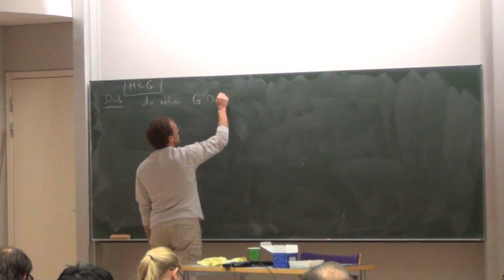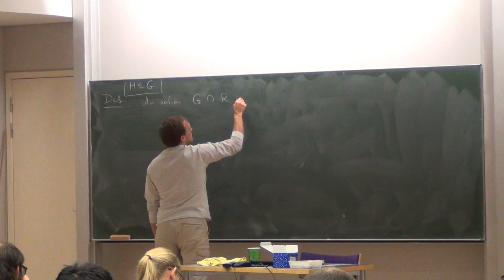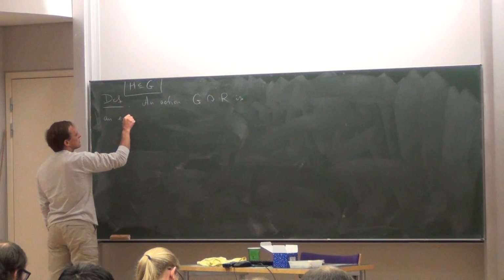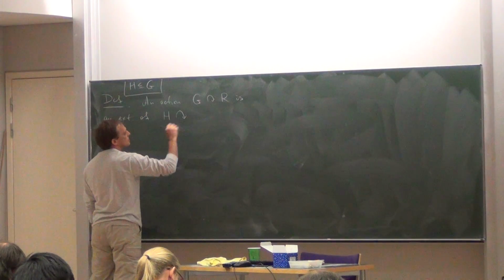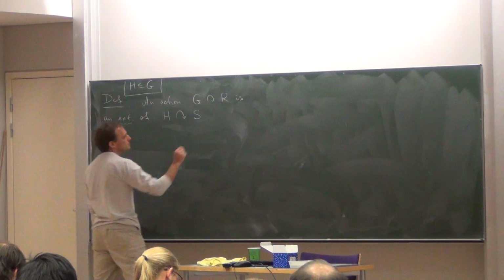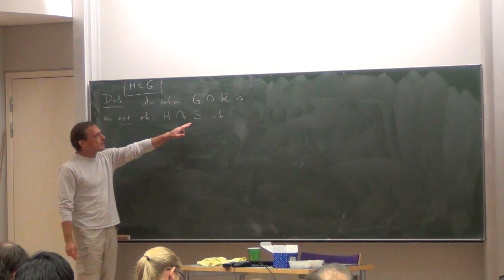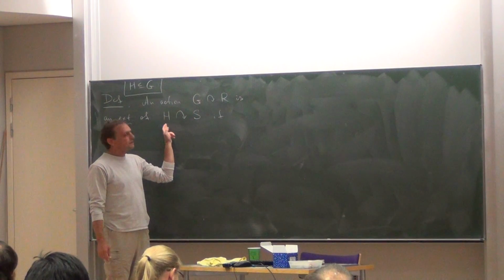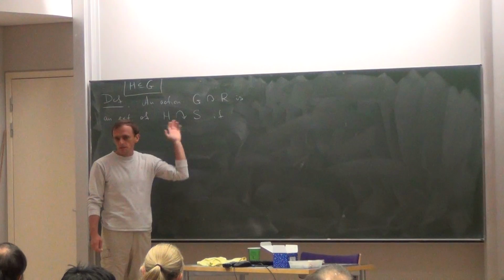An action of G on a metric space R is called an extension of an action of H on a metric space S if, well, I could request that S sits inside R, S is H invariant with respect to this action, and the action is the same.